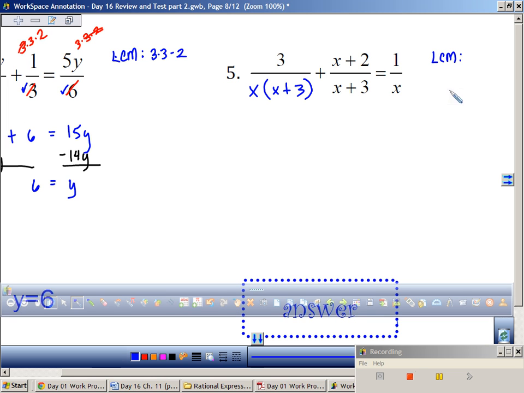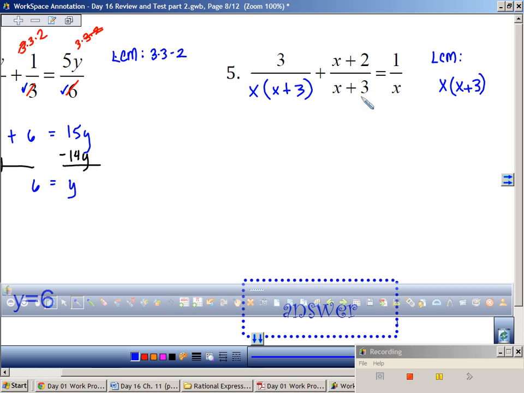So somebody help me out. What's my LCM? Okay, let's do the same process. What is represented here? What do I have? An x. What else do I have over here? No. An x plus 3. Right? Because it's on lockdown. Right, Andrew? This whole thing is a number, right?